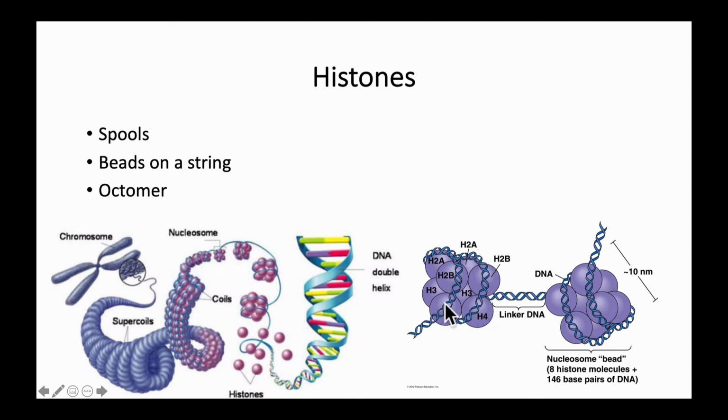So this genetic information wrapped around twice around this histone octamer forms a nucleosome. We might be coming back to this slide in a little bit. But remember, when they talk about beads on a string, this is what we're talking about. Nucleosomes appear to look like beads. These are the beads on this DNA string.